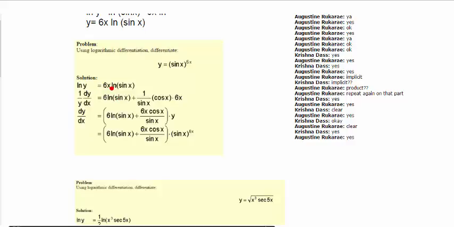Then, can you see this 6x is one function on its own, right? And ln sin x is another function. So now there are two functions multiplied together. In this case, which rule will you use? Product rule, isn't it?